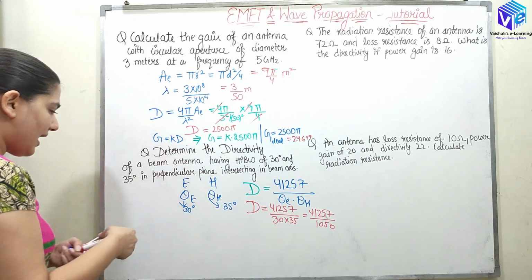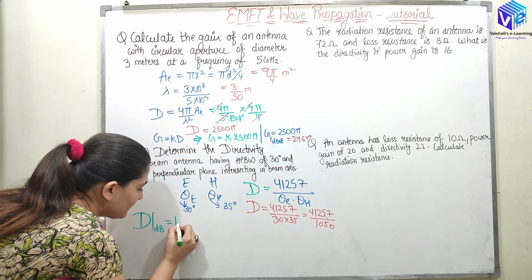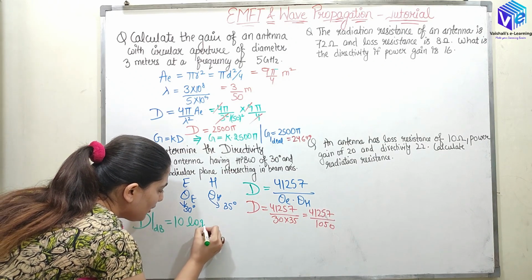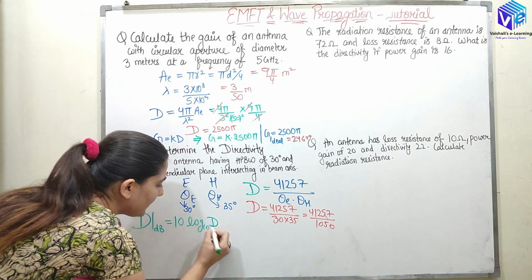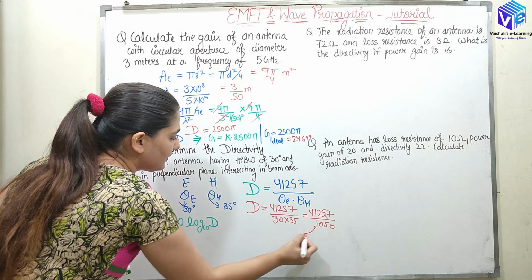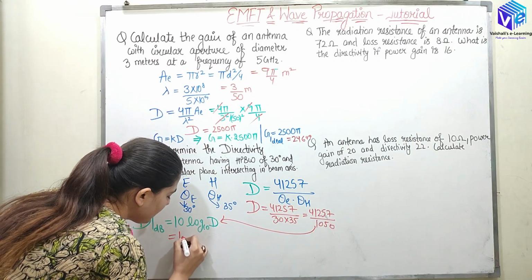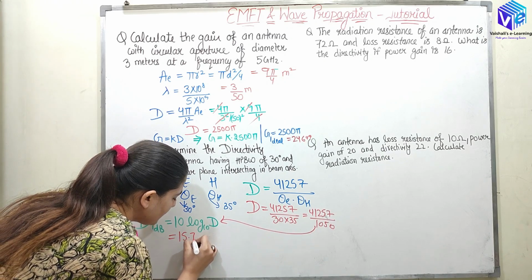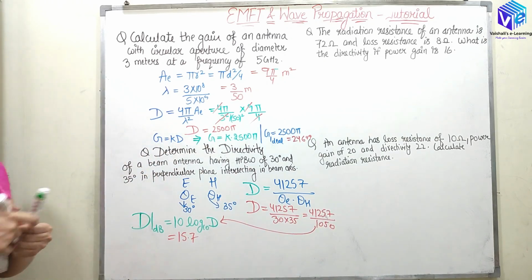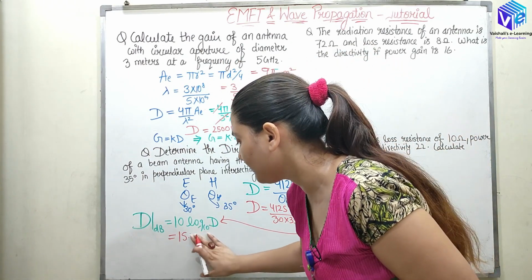If you have to find out the directivity in decibel, what is the formula? The formula is 10 log 10 of directivity. So what is my directivity? I will put this output here, and when I find it out, it will be around 15.9.